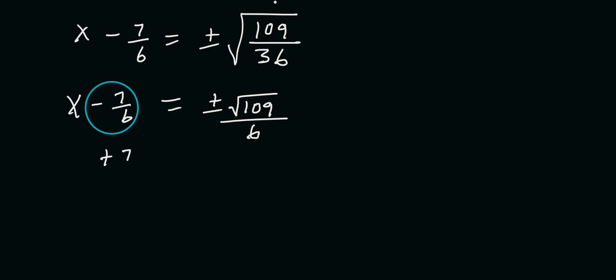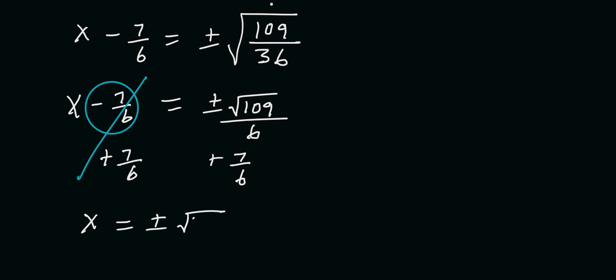Plus 7 over 6, plus 7 over 6. So when you do that, automatically, this can now cancel out. So we are left with just x on the left side, and this is equal to plus or minus the square root of 109 over 6 plus 7 over 6.